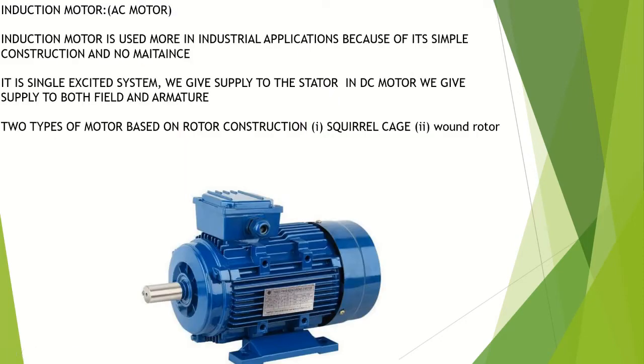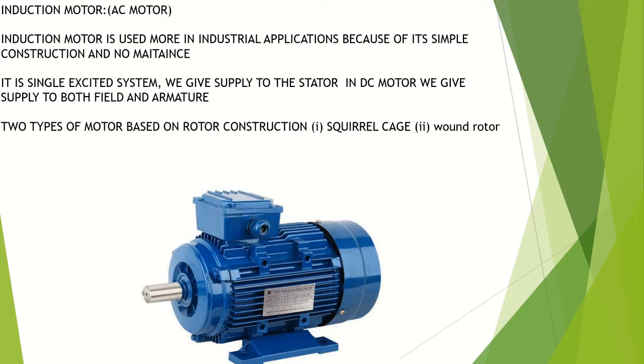Now we come to induction motors. Induction motors are AC motors that run under AC supply. The induction motor is the most used in industry, because earlier the DC motor was mostly used because of its speed control, but later power electronics got developed.